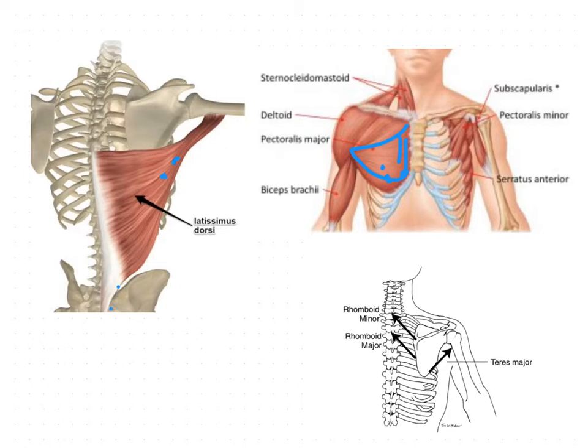That means the latissimus dorsi and the pectoralis major combine to work, acting parallel to each other, and help in the depression of the shoulder complex.